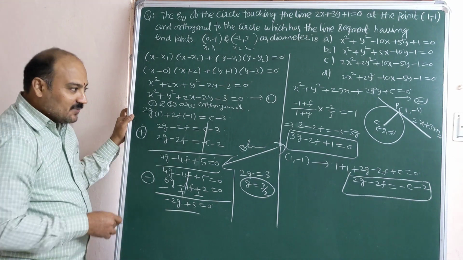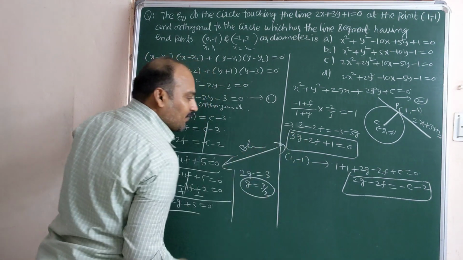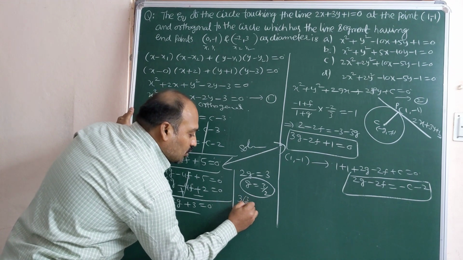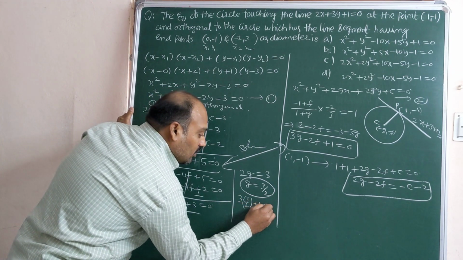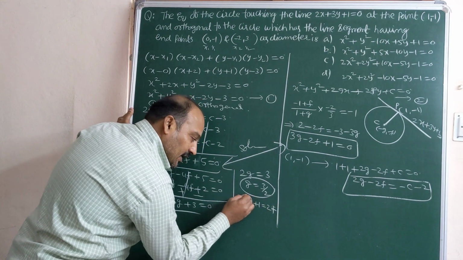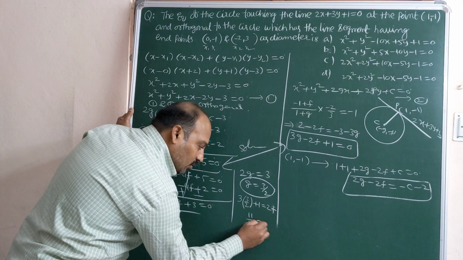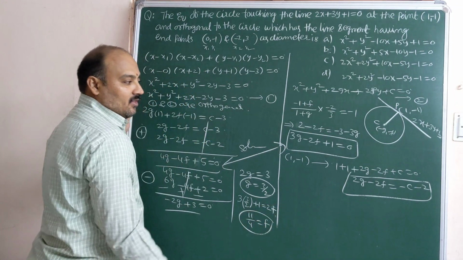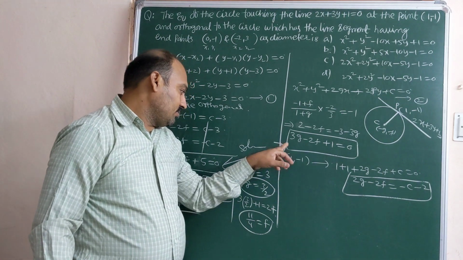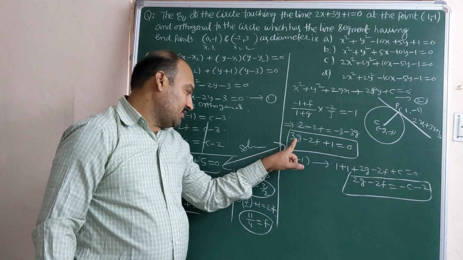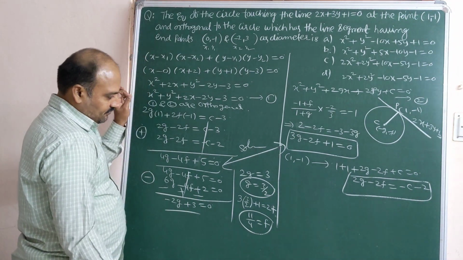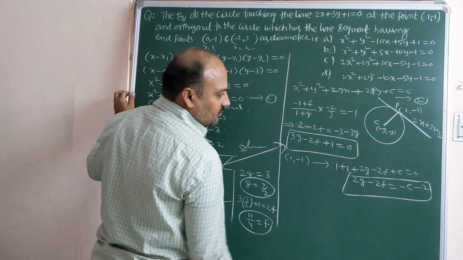g equal to 3 by 2, substitute in this. So what happens? 3 into 3 by 2 plus 1 equal to 2f. So 2 plus 9, 11. 11 by 4 equal to f. F value, yes. C value we can calculate from either this one or this one.